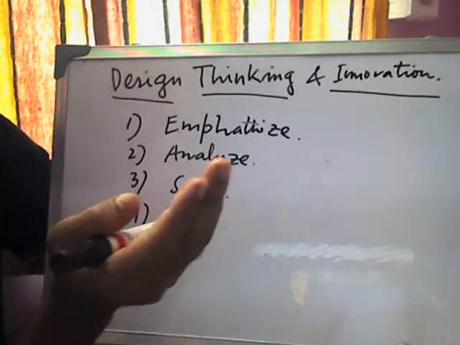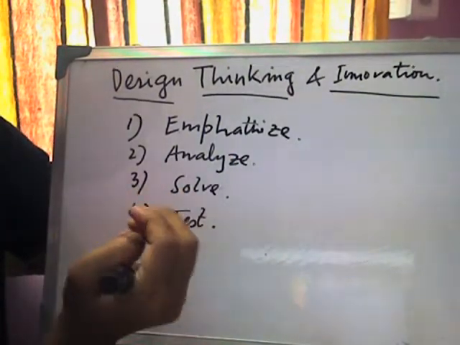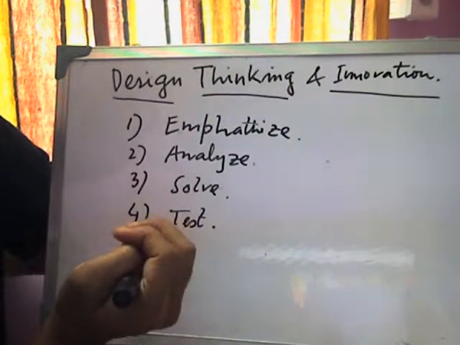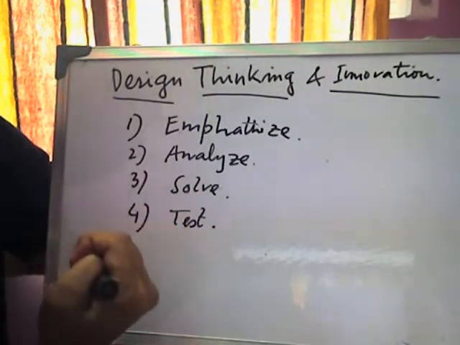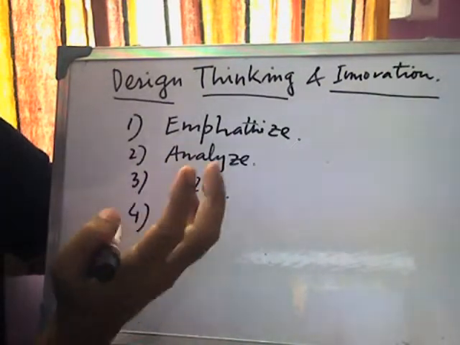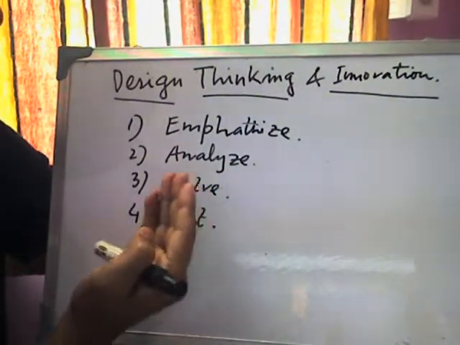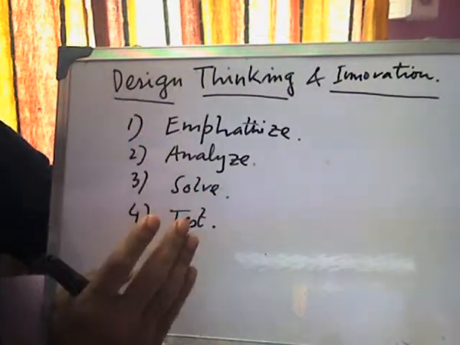Think of their problem as your problem, and then try to solve it. That is the empathize case. Then try to analyze the problem, how to solve it, and if possible solve it and test it. These are the four phases.